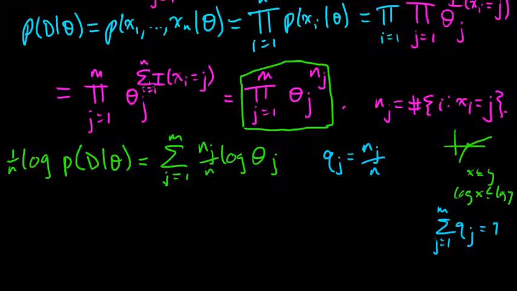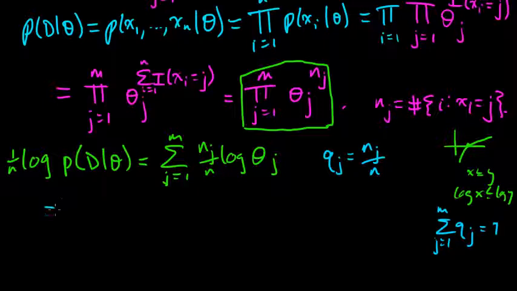And then we're summing as i goes from 1 to n, so we get n. Therefore the sum of the nj's is n, and so the sum of the qj's is 1. Okay, so that was just verifying that this is in fact a PMF on this set.